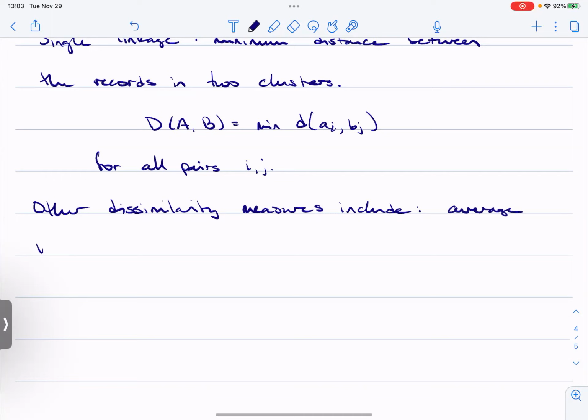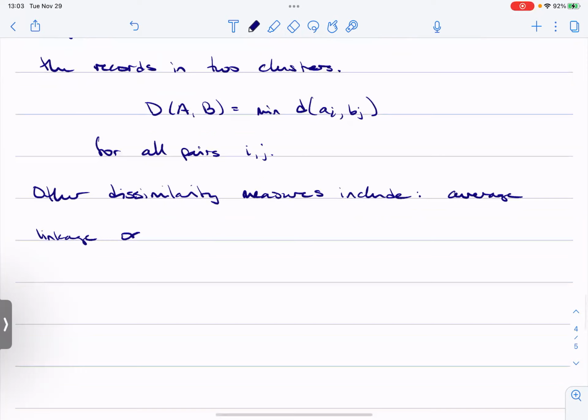So the average linkage, oh, sorry, I said maximum, but I meant minimum variance. Makes a big difference. Merge the clusters with the largest variance? Don't do that. Minimum variance.